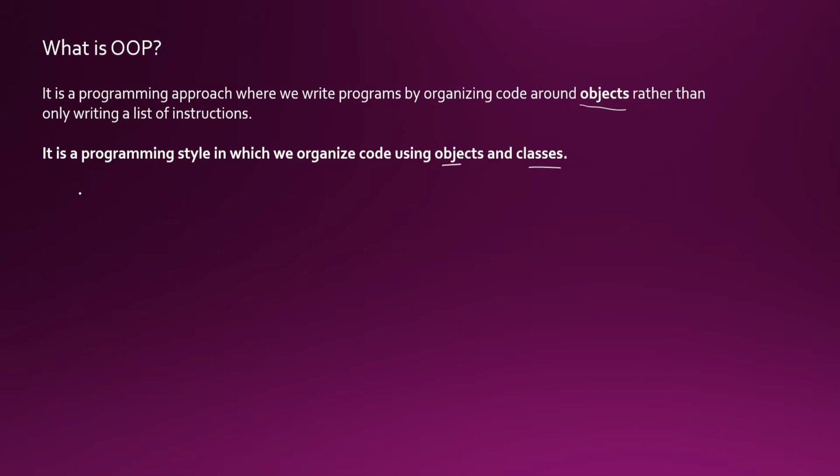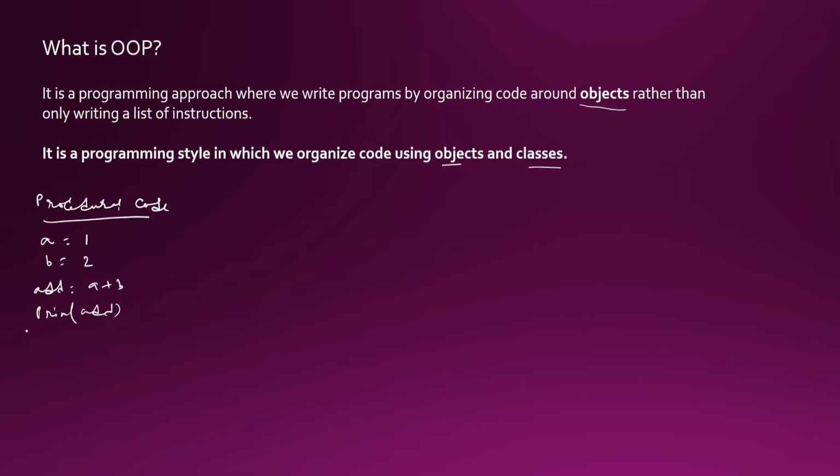Now see what happened when we started our Python programming. What we started with is called procedural code. In procedural code, we just initialize one variable a equal to 1, b equal to 2. Now we perform add equal to a plus b, then print add.